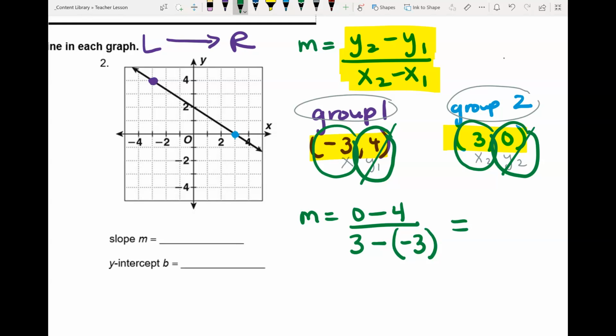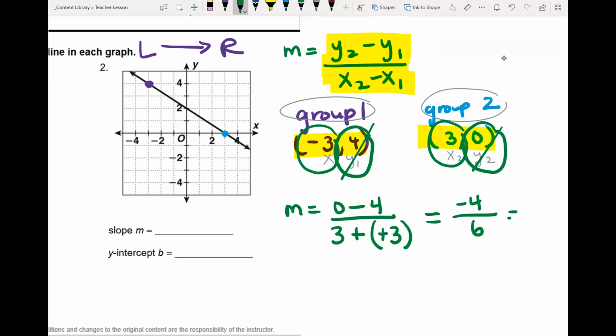And to solve this, I have 0 minus 4 will be -4. And remember, on the bottom, I have double negatives, so that turns into positive. Remember, double negative meaning a negative times a negative equals a positive, and 3 plus 3 is 6. Now all I'm going to do is simplify. There's a number that goes into both of them evenly, and that will be 2.